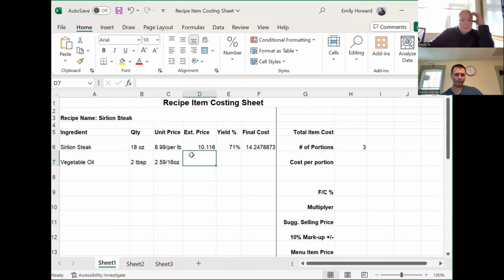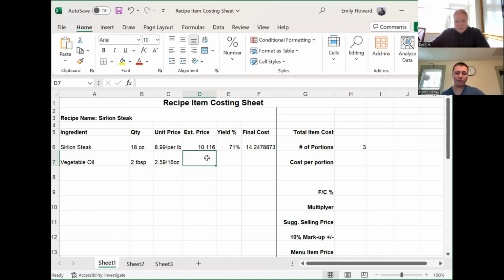Okay, so say what you just said again. So our extended price is going to be the price of how much we're using. Which is 2 ounces. Right. No, 1 ounce. Thank you. Which I wrote that down so I wouldn't forget. It's 2 tablespoons, that's why. Right.